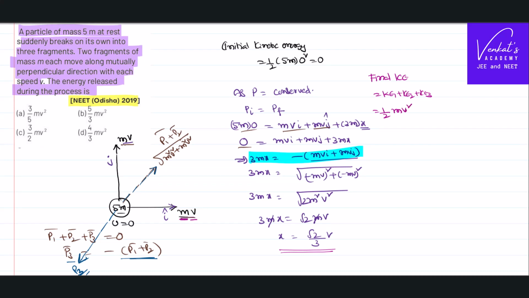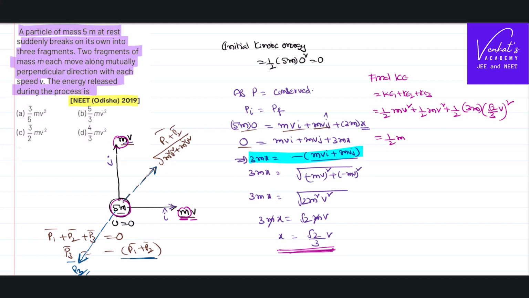Mass is given, velocity is given. Second piece is also half m v square. But the third piece is half, out of 5m because m and m are gone, the third one has a mass of 3m. Velocity of the third piece we have already calculated: root 2 by 3 of v, whole square.